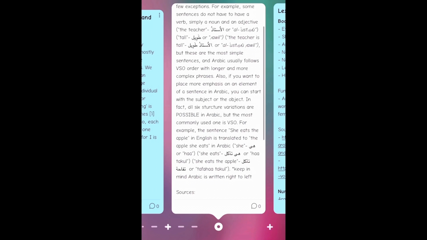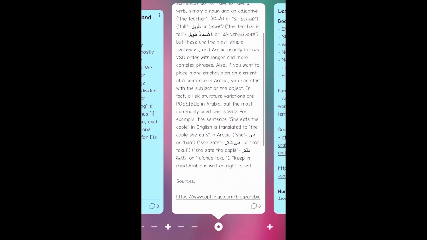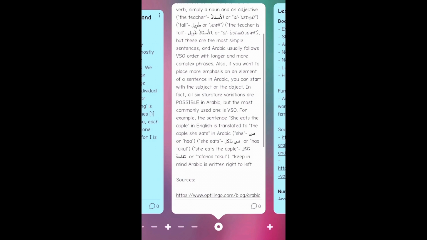In fact, all 6 structure variations are possible in Arabic, but the most commonly used one is VSO. For example, the sentence, "she eats the apple" in English is translated to "the apple she eats" in Arabic. Fun fact, Arabic is written right to left, so keep that in mind when looking at the examples below.